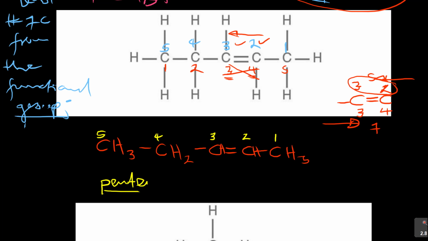But from pentene, or you can say pent as the longest chain, it's not complete. You need to tell us where the carbon, double bond, carbon is. It is in carbon number 2. Don't say 2, 3. From the first carbon that is a double bond, it is carbon number 2. So then you're going to write it as, they used to accept this.